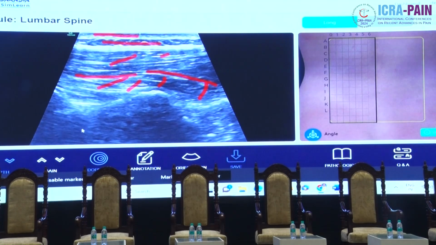And after that, the spinous process. This is posterior complex, and a little bit of anterior complex is also seen here. If you increase the depth, then you'll be seeing the posterior complex and anterior complex as well. In the anterior complex, we have the anterior dura and the posterior longitudinal ligament. Right? Now, let me see a little bit in the short axis, because time is short.